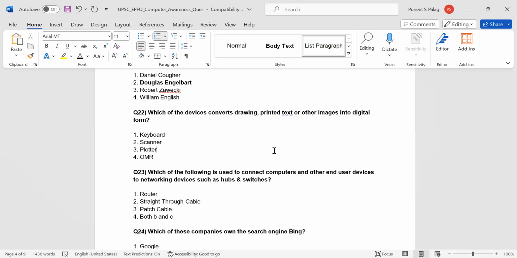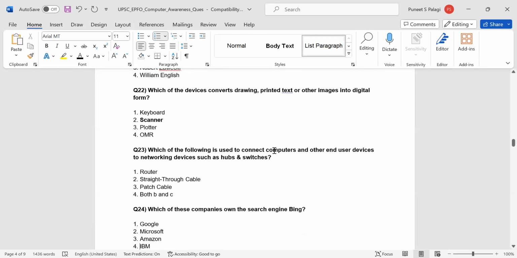Keyboard, scanner, plotter, OMR. So check the answers. The answer is scanner. Okay, so you can scan the images, you can scan anything, and that will be stored in the device. So that is known as digital.